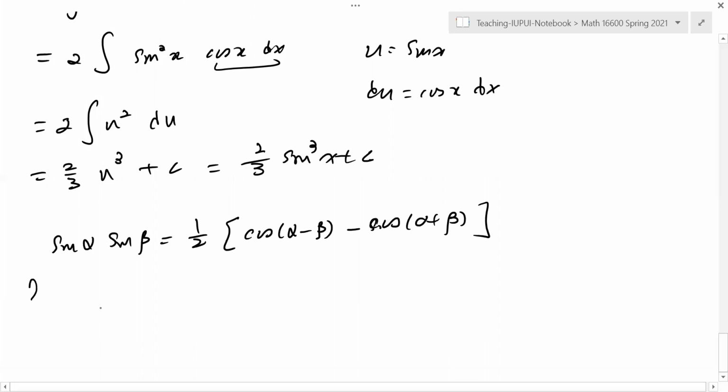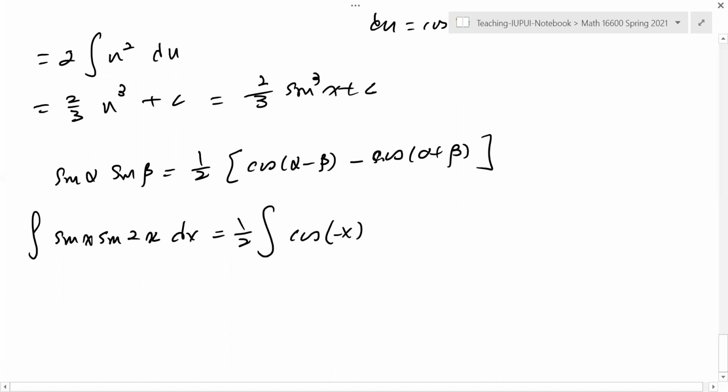If you use this formula, you will get integrals of the sum, as the difference of these two angles would be negative x, right? And then minus cosine of x plus 2x, 3x.